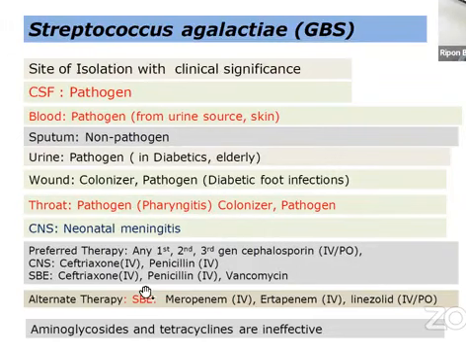And the proposed preferred therapy is ceftriaxone, penicillin in case of meningitis, ceftriaxone, penicillin in case of bacterial endocarditis. There are some other alternative drugs, but we should remember that aminoglycosides and tetracycline are ineffective.